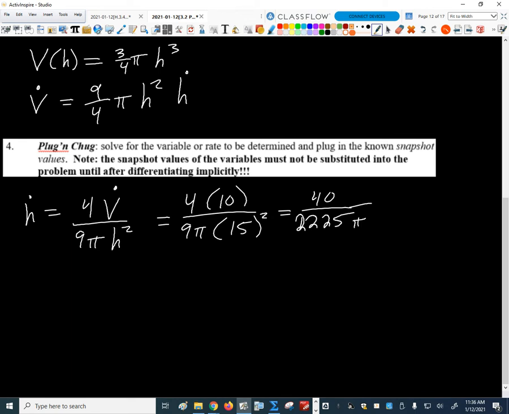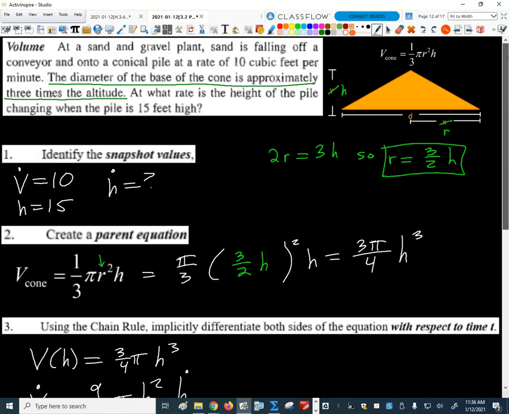That's my answer. What would the units be? What would the units of H dot be here? Sam? Looking at the original problem, what are the units going to be for H dot? Well, what are we measuring? It's just going to be units of length or height, divided by units of time, right?